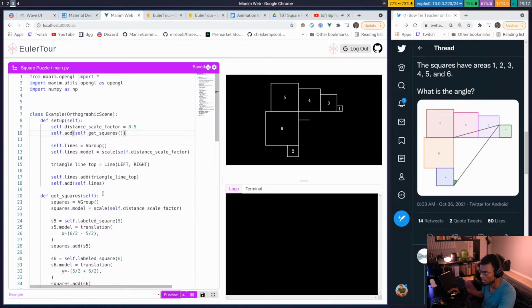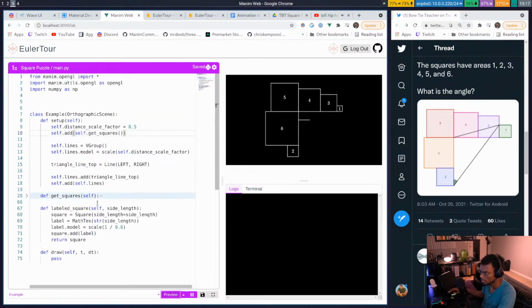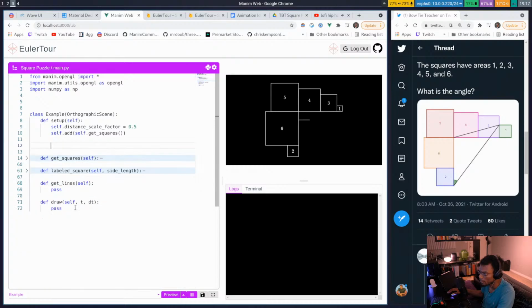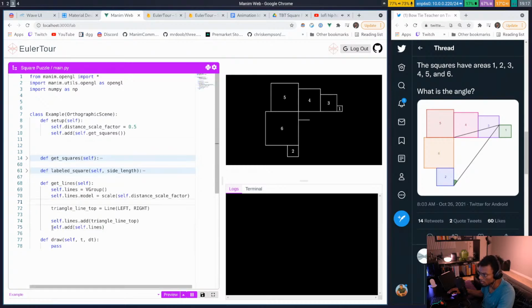Great. I'm gonna do something similar with the lines. Def get lines, something like that. I'll just copy this for now. And return it. I can do self.add. Self.get lines.